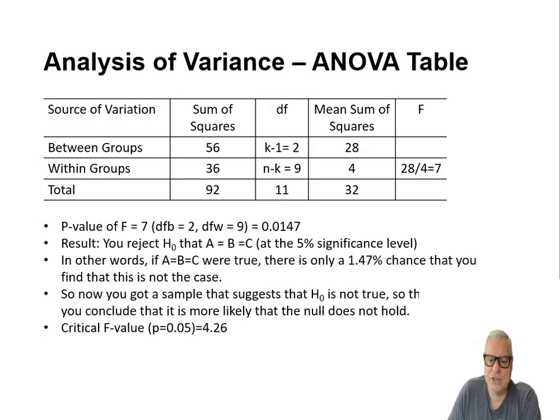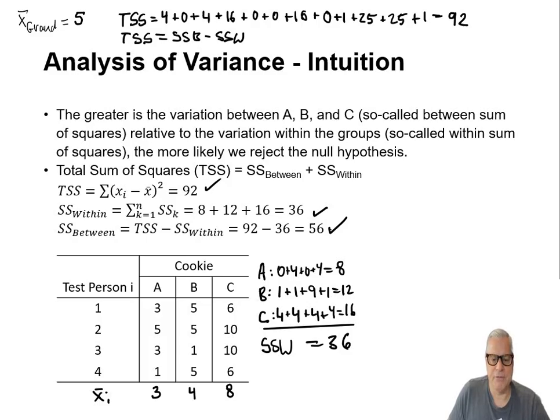Then we look at the variation within each group, and the degrees of freedom is the total number of observations, in our case 12, minus the number of categories or classes, the K. So that is 12 minus 3, the A, B, C. And again, the way you can think about it is, for example, if we know the average of each group, like 3, 4, and 8, then I can always ignore one observation within each group, and I know what the fourth observation will be if the average is a certain number.